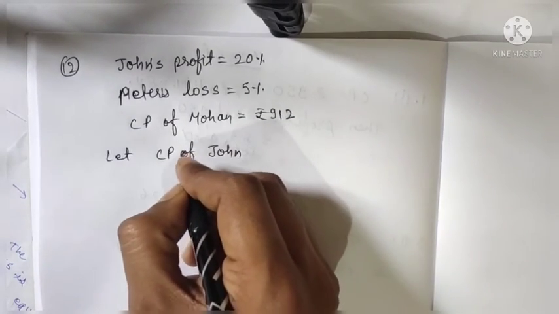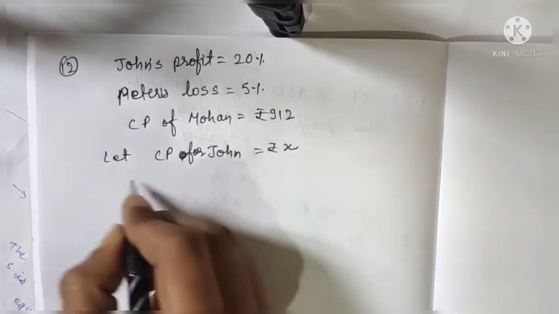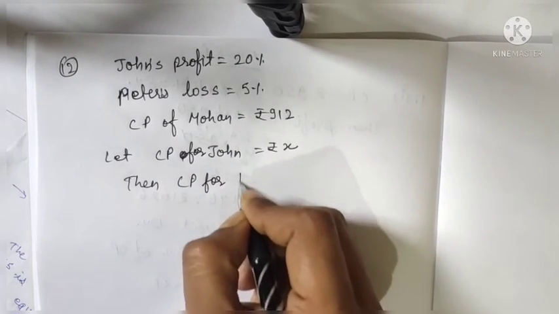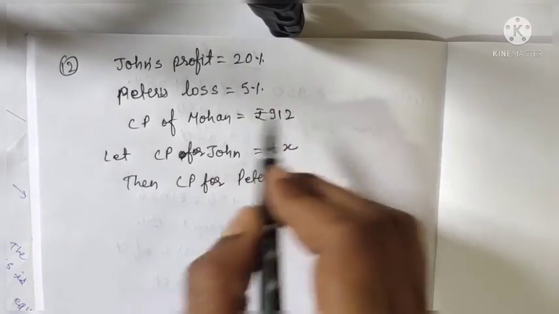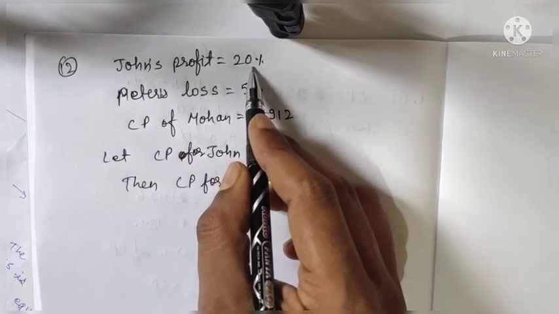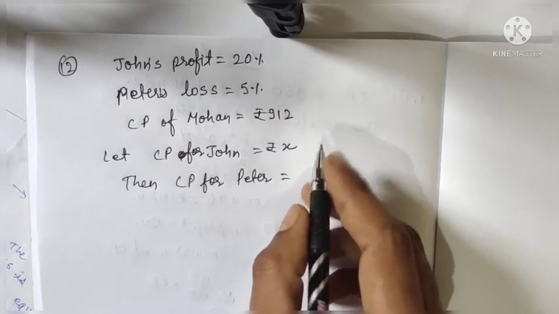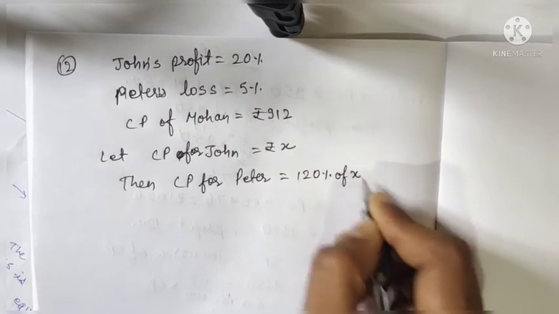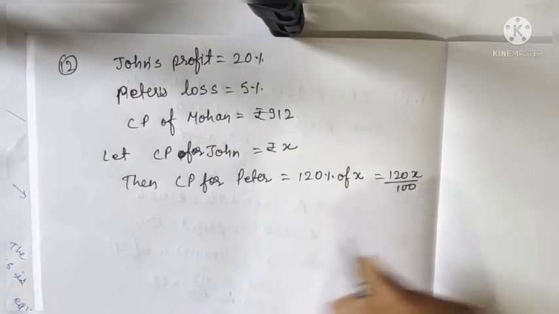Now let CP for John be equal to rupees X, then CP for Peter will be equal to SP of John, and SP of John is 120% because John sold it for a profit of 20%, so it will be 120% of X, meaning 120X by 100. Simple.